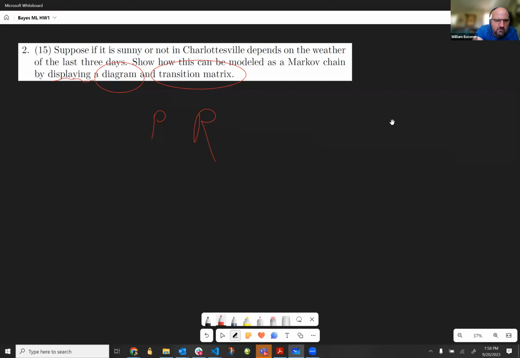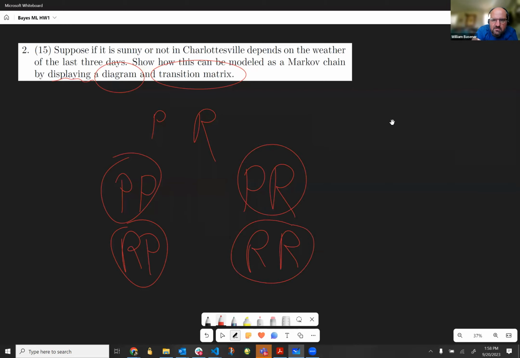And so what we have is pass, run, and run, pass. So really, these are my 4 possible states. The 4 possible sequences of 2 plays in a row, whether we've passed or run.